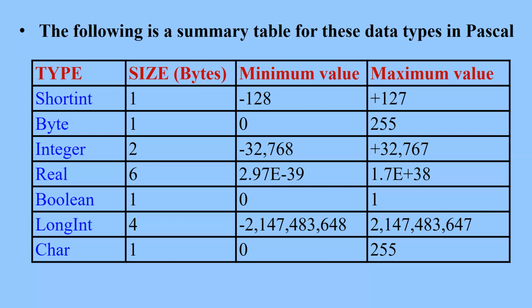Let me rephrase it in another way. 1.7 e positive 38 means it can accommodate a maximum value of 1.7 times 10 to power positive 38.